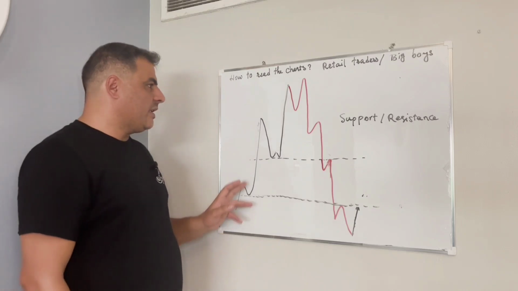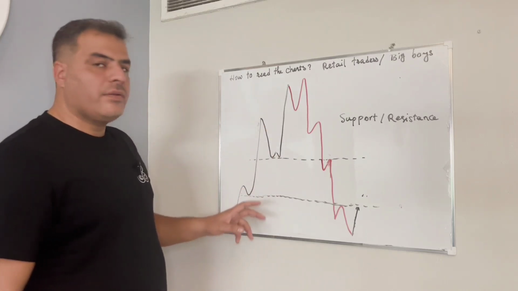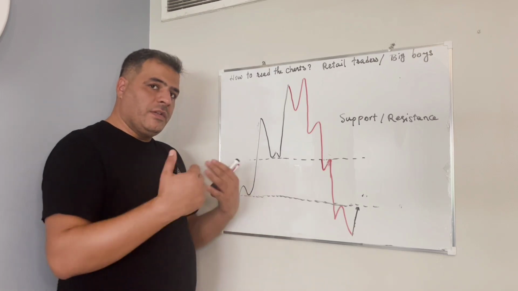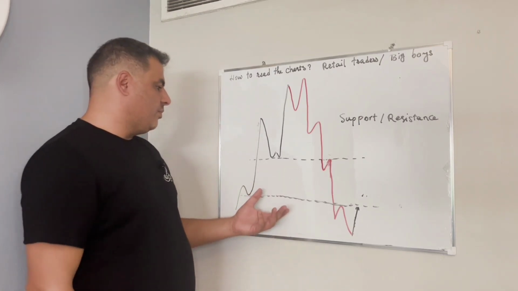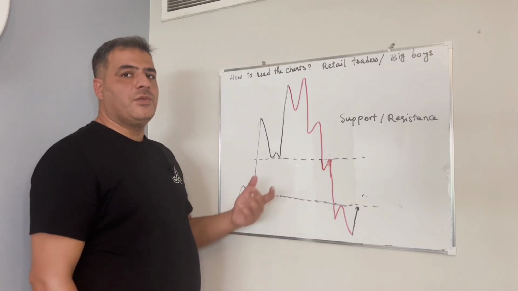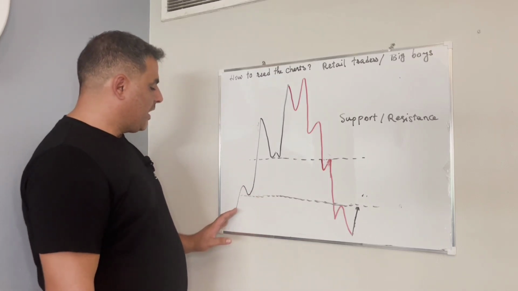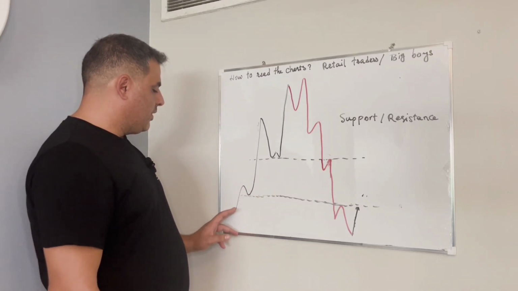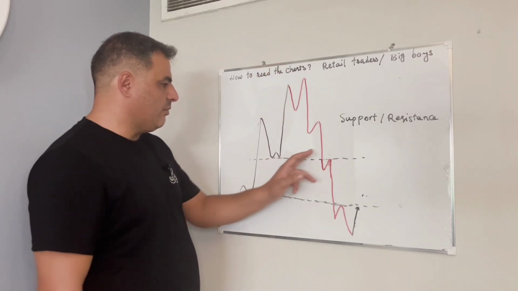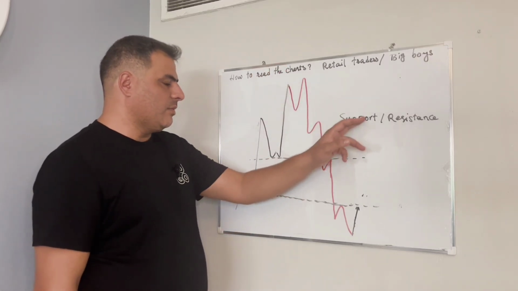In an example like this, a retail trader would refer to the previous movements in order to predict the future movement. He will draw these two imaginary lines and call them support and resistance.